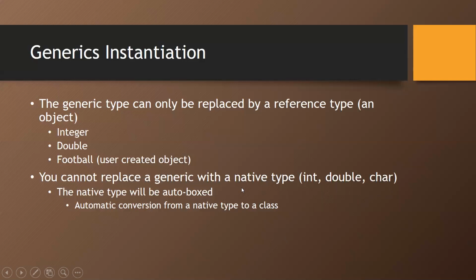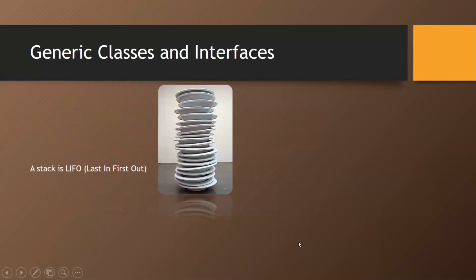Everything's going to be fine. But that native data type will be auto-boxed, and that means that it's going to be automatically converted into an object data type. And we'll take a look at that a little bit more here in just a second, because there's some overhead associated with that boxing, that auto boxing.